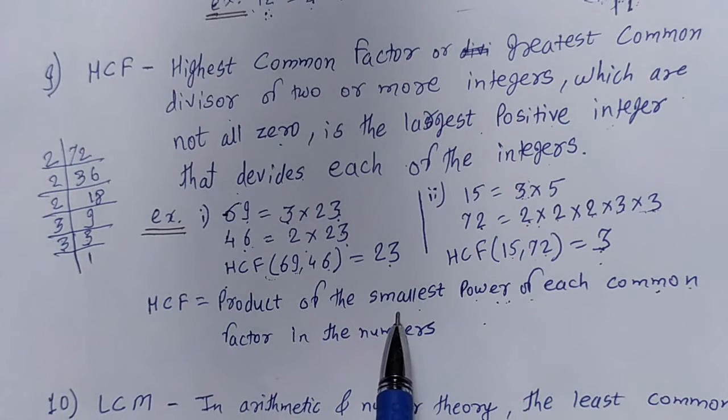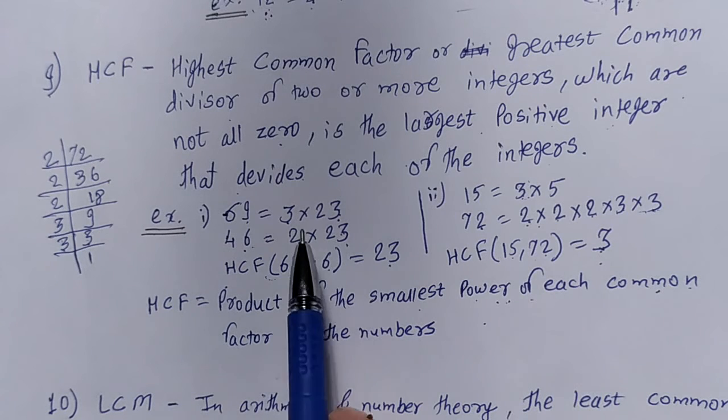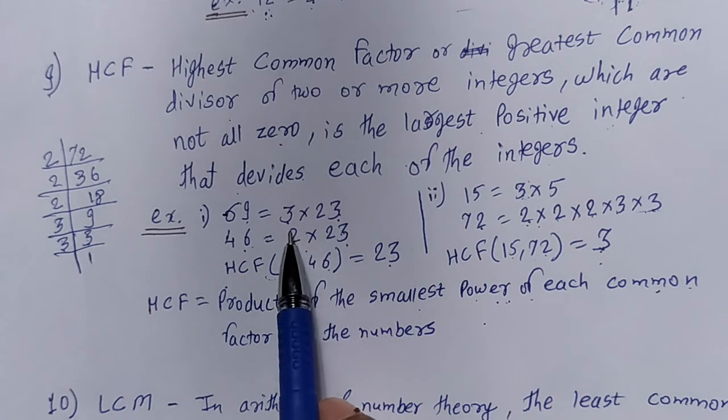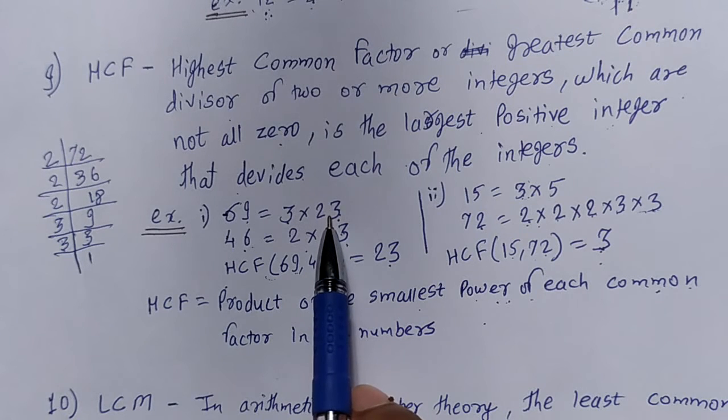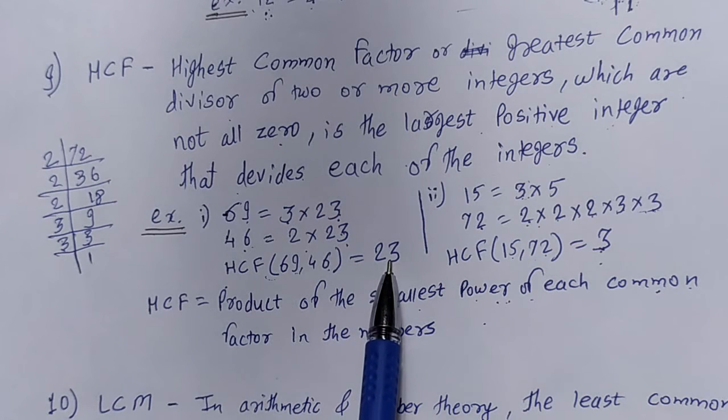Now you have to take the smallest power of each common factor. What is the common factor between these two prime factorizations? The common factor is 23. 2 is not common, 3 is also not common. What is the smallest power of 23 that we have here? It is 1. So the HCF will be directly 23.